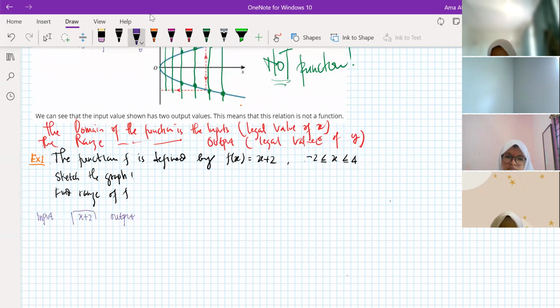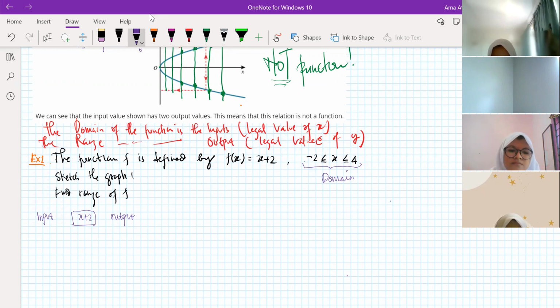If you look at this, there is a restriction here. x is bigger than or equal to -2, but it is less than or equal to 4. So it is what we call the domain. Our domain is from -2 until 4.